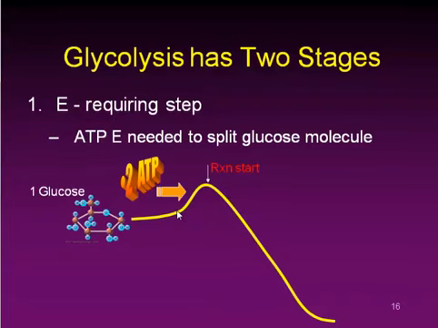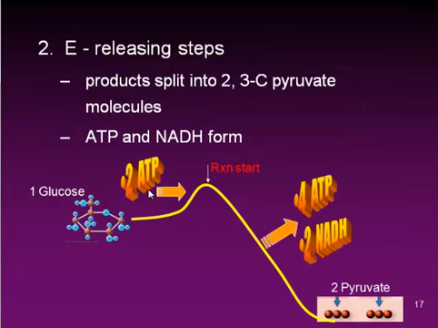But you still have to spend a little bit to get to the top of that peak before it can actually fall downhill. So in the process of converting glucose into ATP, we first actually have to burn 2 ATP to get it started. And once you burn that ATP, then it starts to roll downhill.